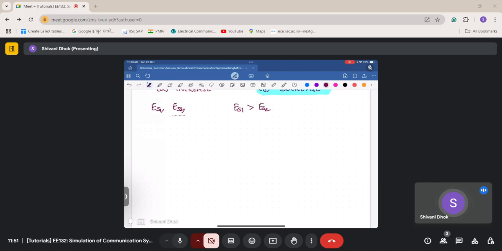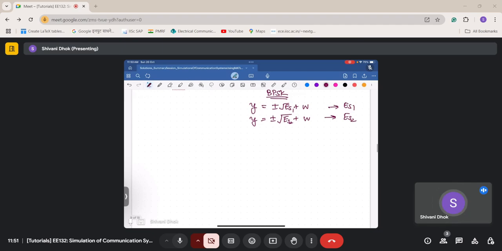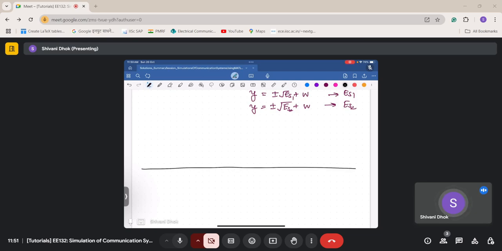So we will be receiving y equal to plus minus under root ES1 plus noise for ES1 as energy, and we'll be having y equal to plus minus under root ES2 plus noise when we are having ES2 as energy. So again, given ES1 and ES2, the conditional PDFs will be Gaussian with the same noise variance but different means. Okay, so let us try to see how those will look.